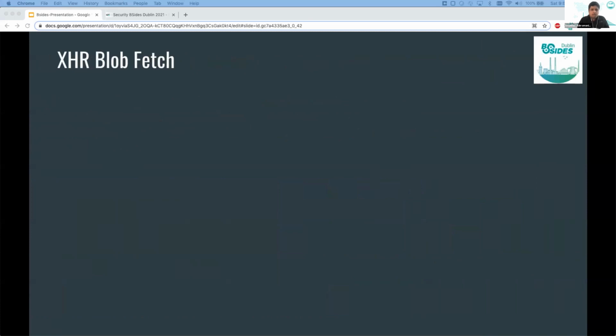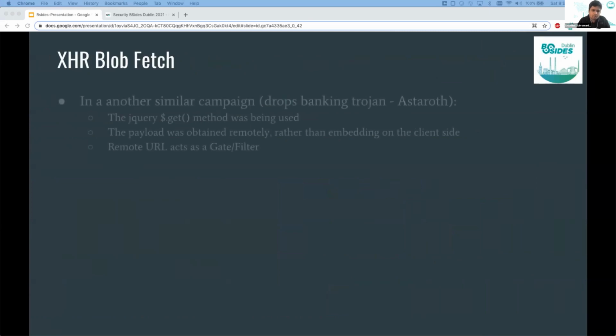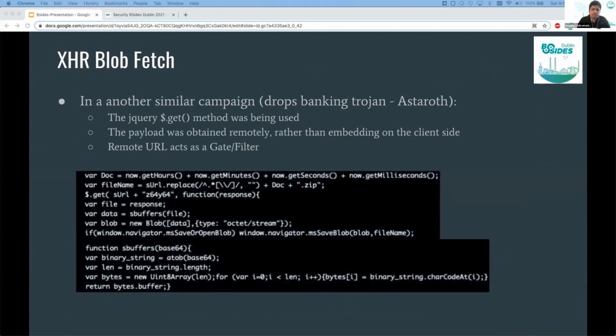The second technique is just a slight variation of HTML smuggling, where instead of constructing the payload on the client side and including the base64 payload within the HTTP response, an additional jQuery XHR get method is being used to fetch the base64 encoded payload from a remote URL.